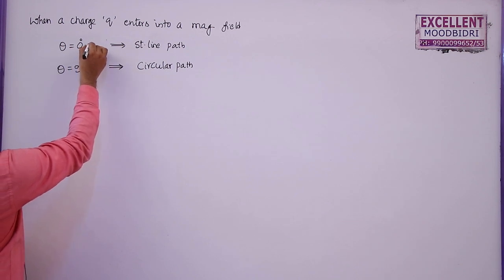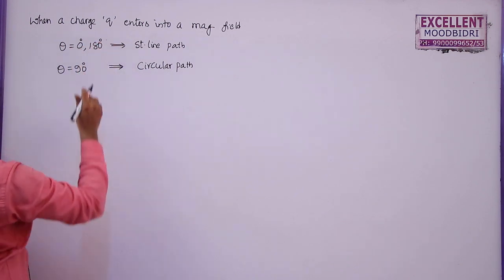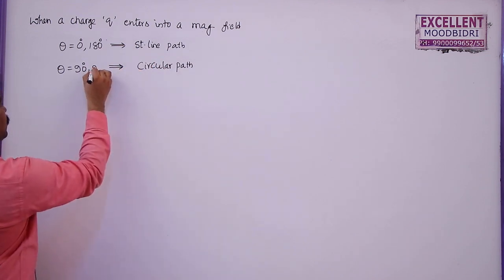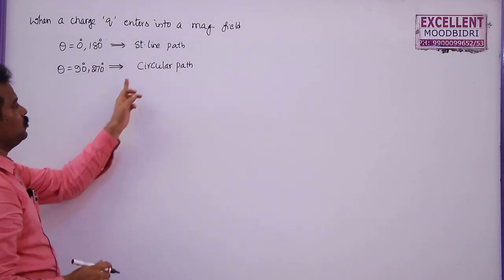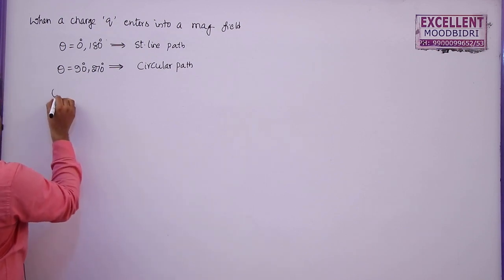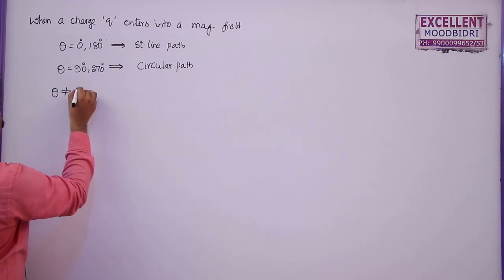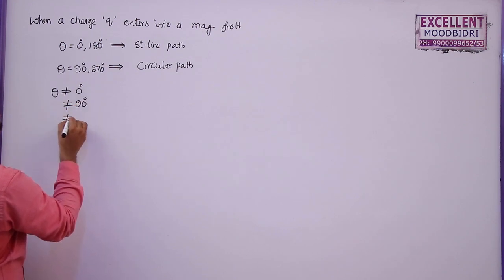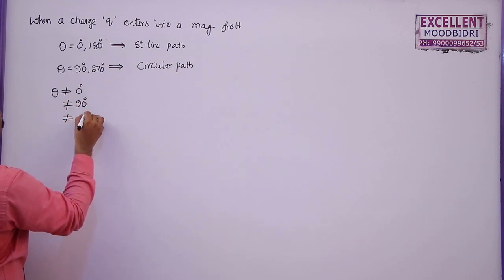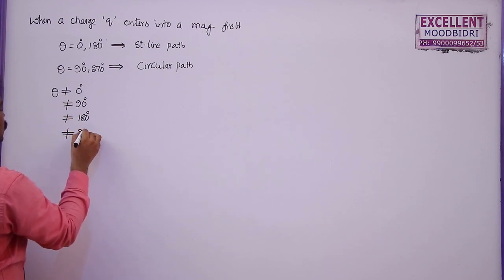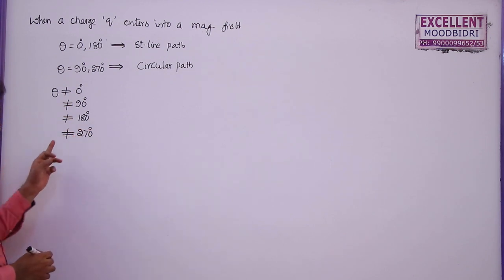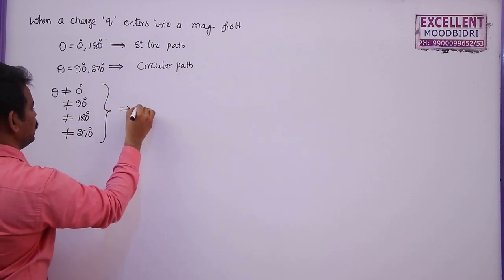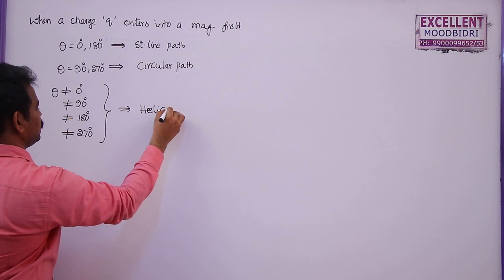Here, not only 0, even for 180 degrees also, either parallel or anti-parallel, it moves in a straight line path. 90 or 270 also, it moves in a circular path. If theta is not equal to 0, 90, 180 or 270 degrees, and multiples of 90, then the charged particle moves in a helical path.